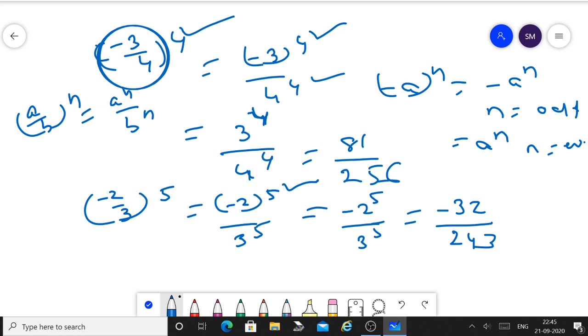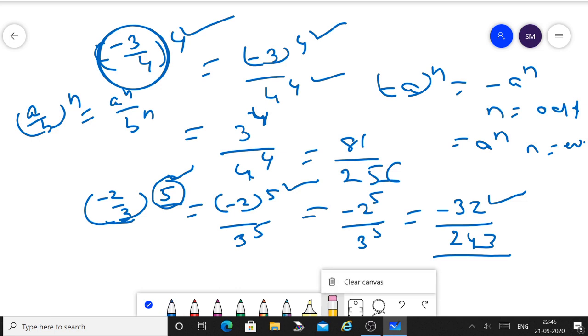As the exponent is an odd number, we get the answer in negative. When the base is negative and the exponent is odd, we get the answer in negative. When the base is negative but the exponent is even, we get the answer in positive. Clear, students?